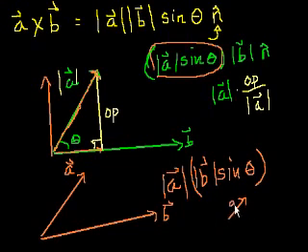If that's A, that's B. The component of B that is perpendicular to A is going to look like this. I'll draw it in a different color. It's going to be perpendicular to A, and it's going to go that far. And then you can go back to SOHCAHTOA, and you can prove to yourself that the magnitude of this vector is B sine theta. So that is where the sine theta comes from.